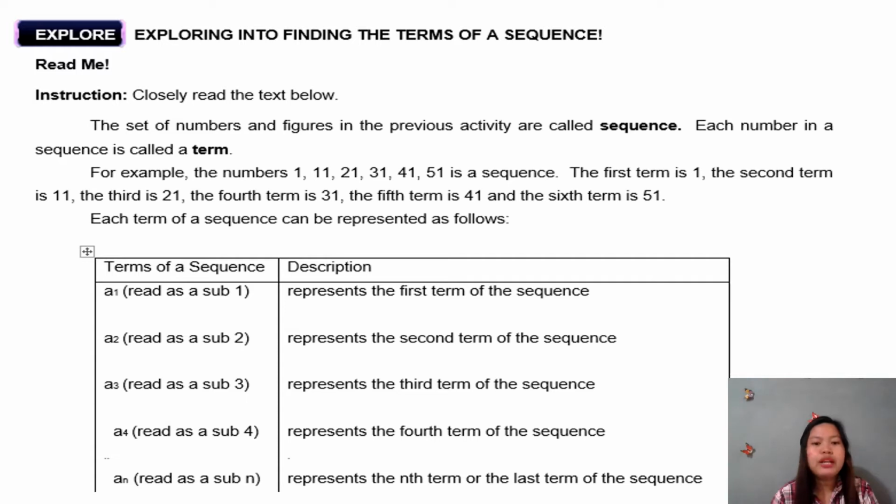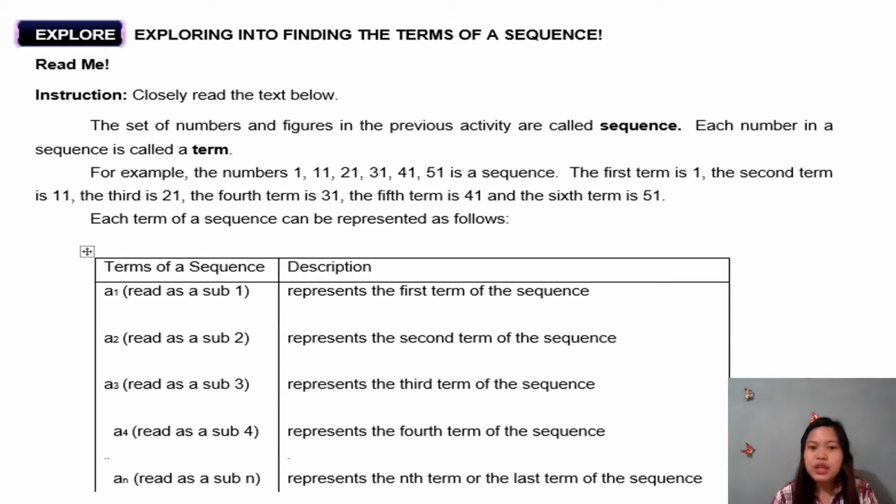So again, 1, 11, 21, 31, 41, 51 is a sequence. The first term is 1, second term is 11, third term is 21, fourth term 31, fifth term 41, and sixth term 51.